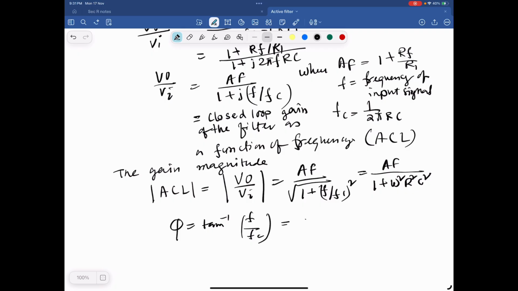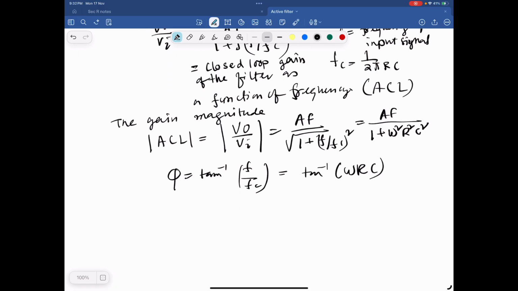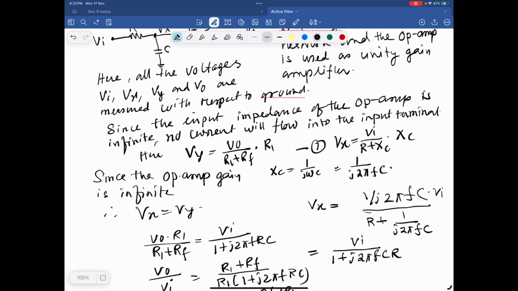This is equal to minus tan inverse omega RC. So this is the active low pass filter.